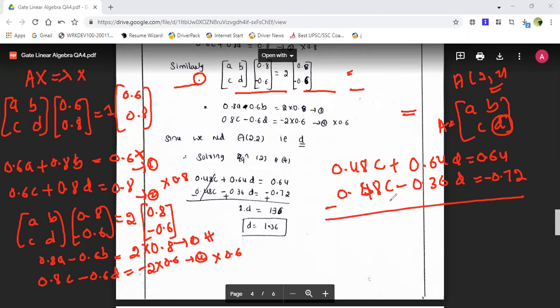So here if I subtract, just change the sign, the 0.48c will cancel. Here it is 1 times d equal to 1.36. So therefore the d value is equal to 1.36.